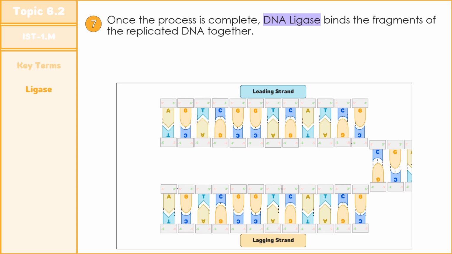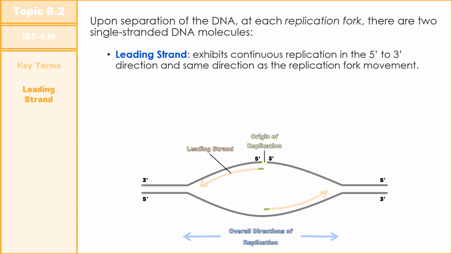So let's take a moment to look at some of these differences between our two strands of DNA. Once we separate into this replication fork, we create two versions of single-stranded DNA molecules. The one that proceeds in the appropriate direction for DNA polymerase III to do its job, and in the same direction as our replication fork formation, is our leading strand.